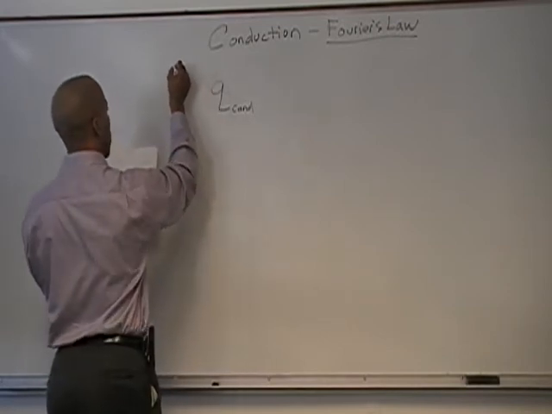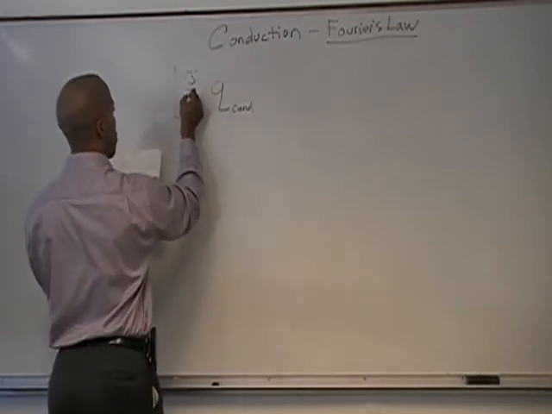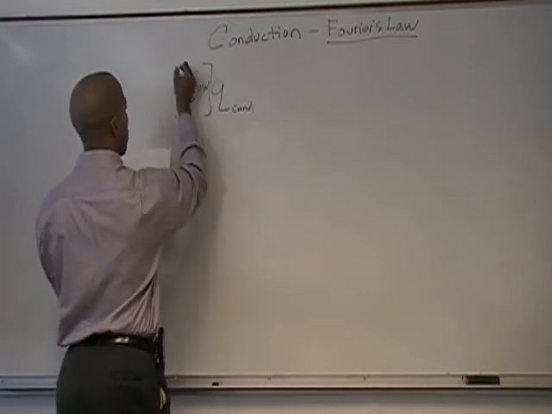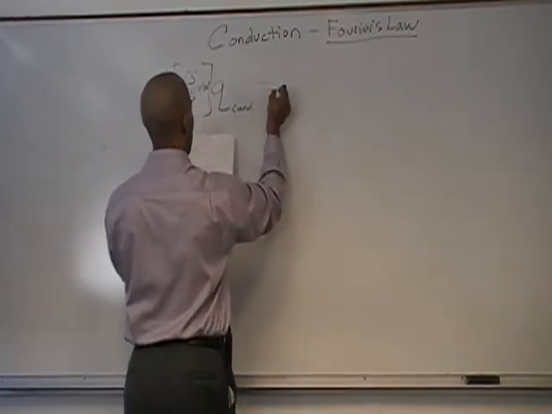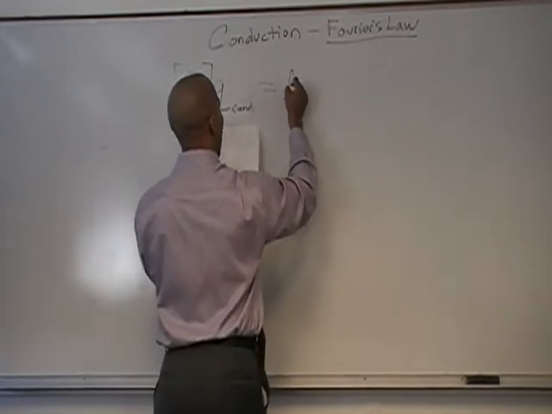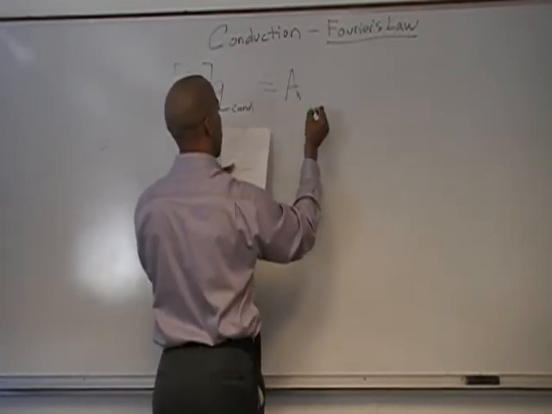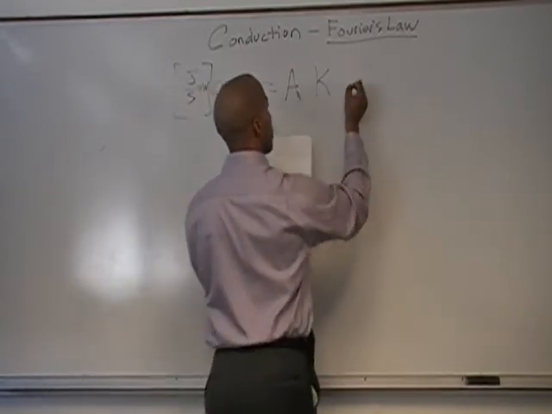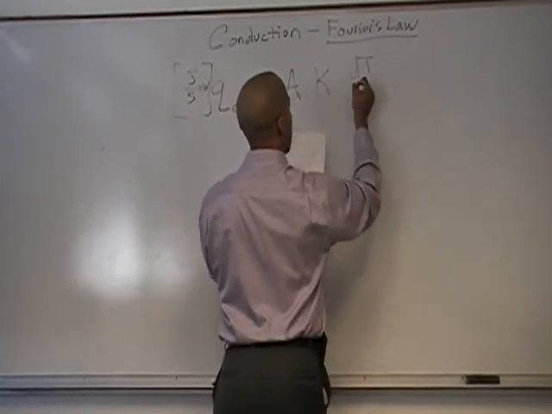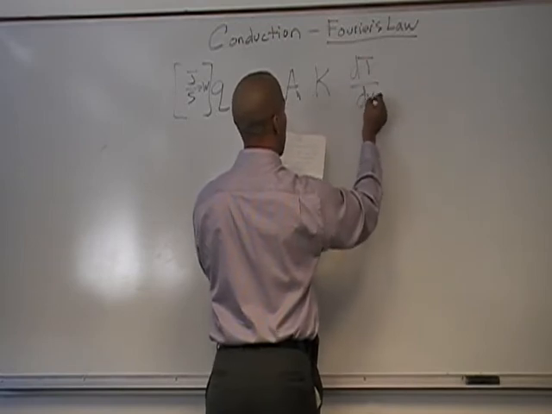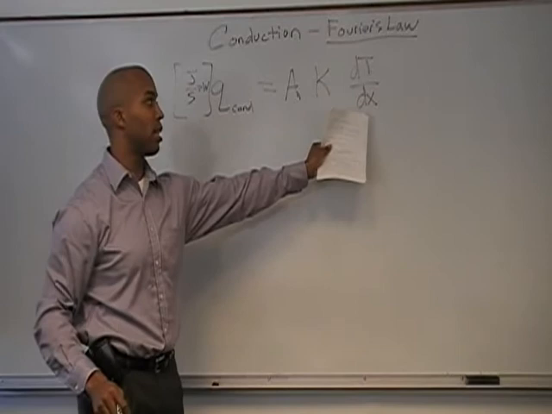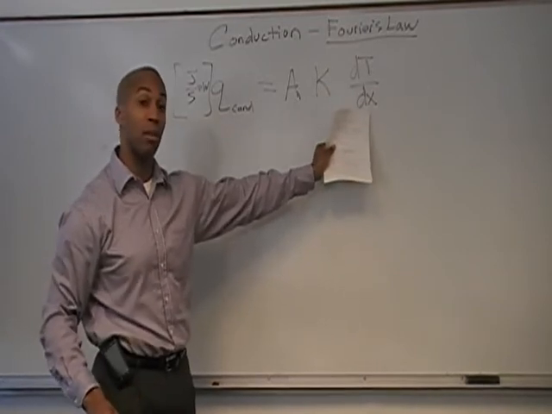And the units on heat rate are joules per second or watts. So heat rate equals A, the area, times this parameter K, times the change in temperature with position, or the temperature gradient. So this is the temperature gradient, the degree of non-equilibrium.